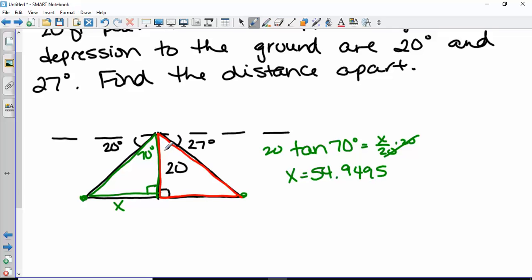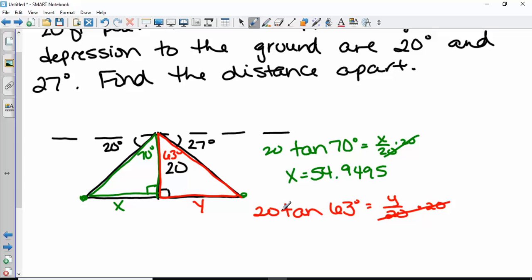So this angle would be 90 minus 27, so that's 63. We're trying to find this side. So we could say the tangent of 63 degrees equals y over 20.